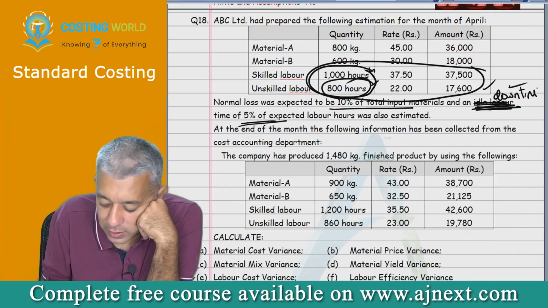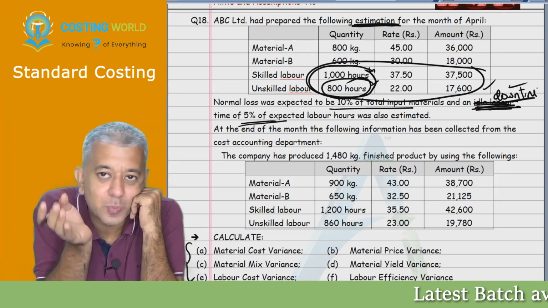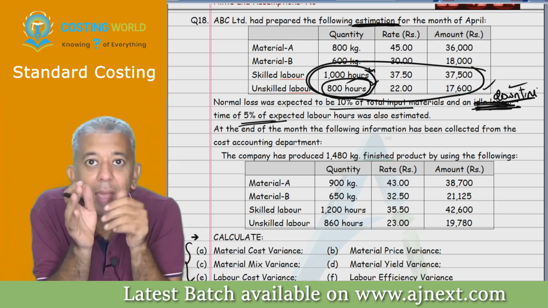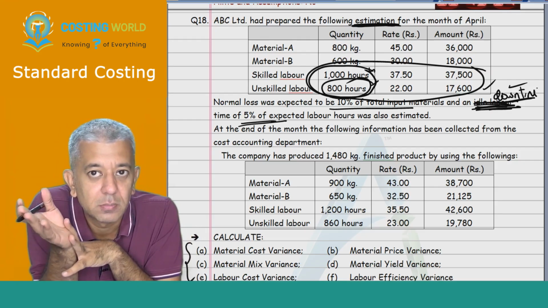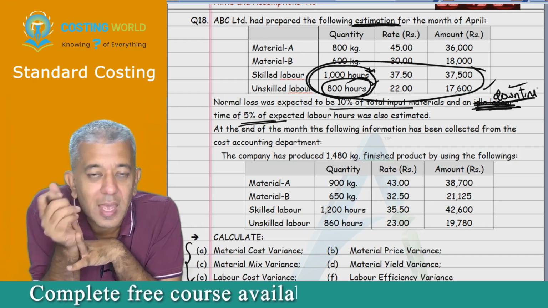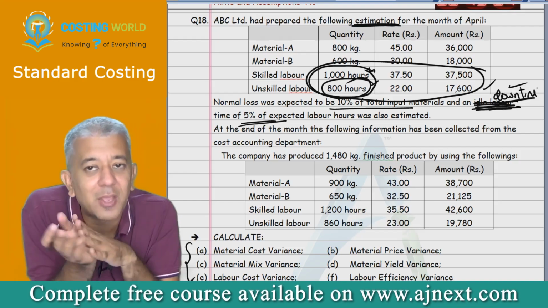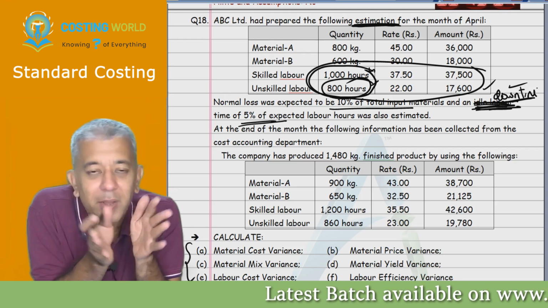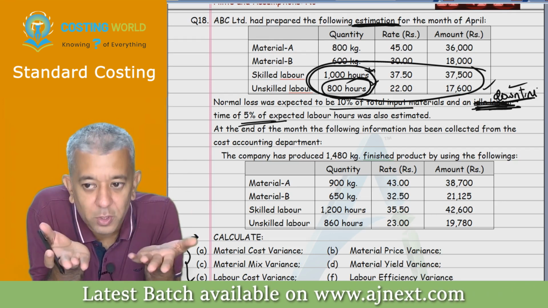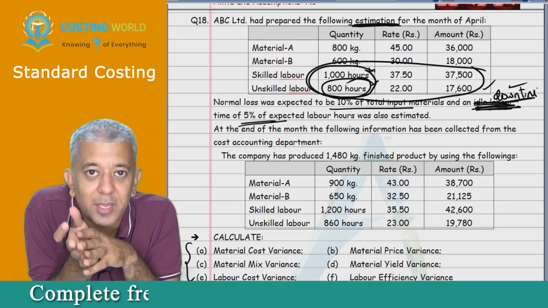Beta, this downtime is part of the estimate, so therefore it must be estimated downtime. Abnormal idle time you will come to know after the event has happened. Abnormal idle time can only be there in actual data, no? Abnormal idle time cannot be there in standard data. Abnormal means you went for your costing paper, okay? You were thinking out of 6 questions, I will be able to attempt 5.